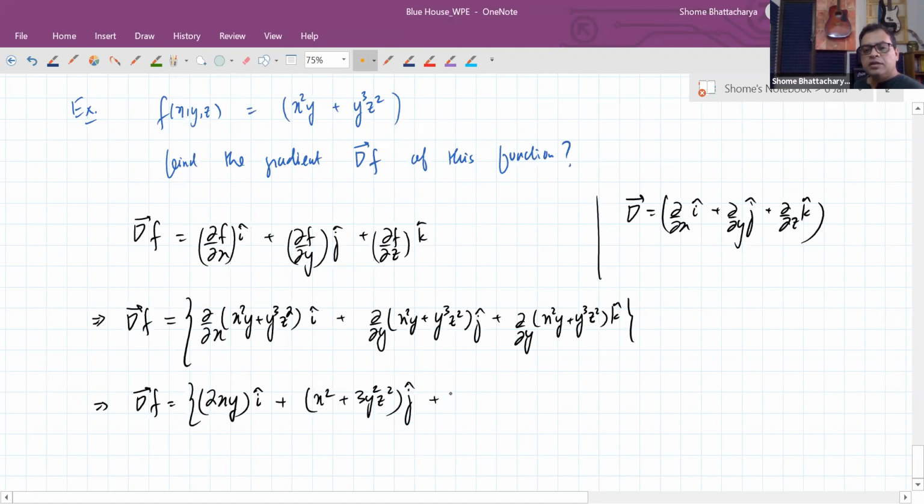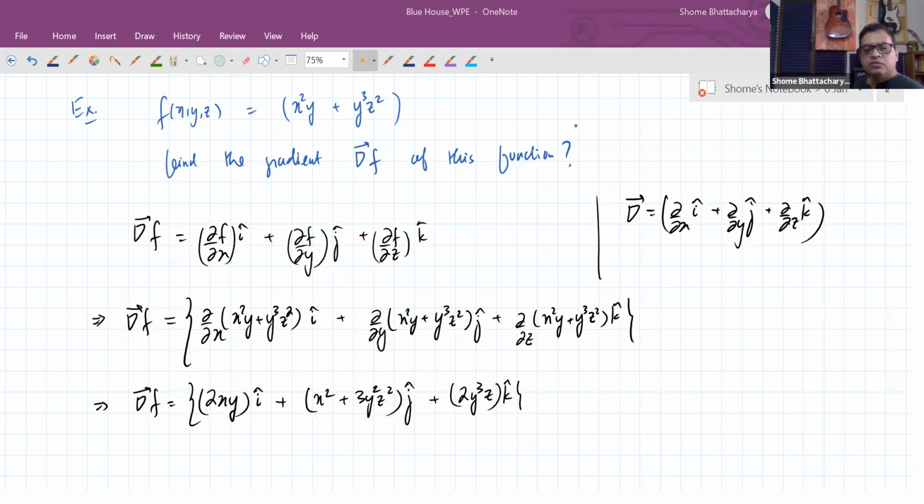Sorry, this term should be z. So here, treating x and y like constants, the third term will just become 2y cube z k cap. So when I'm doing partial differentiation with respect to x, you have to treat y and z like constants. With respect to y, you treat x and z like constants. With respect to z, you treat x and y like constants.